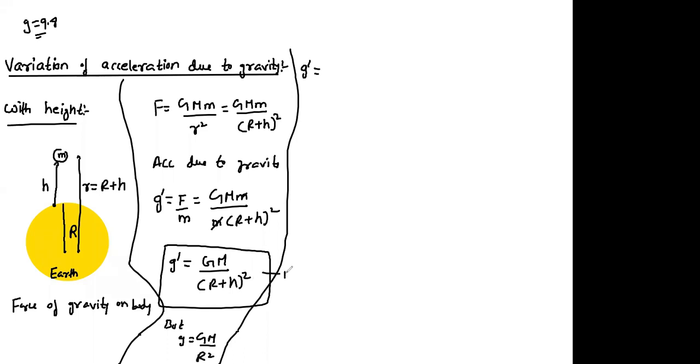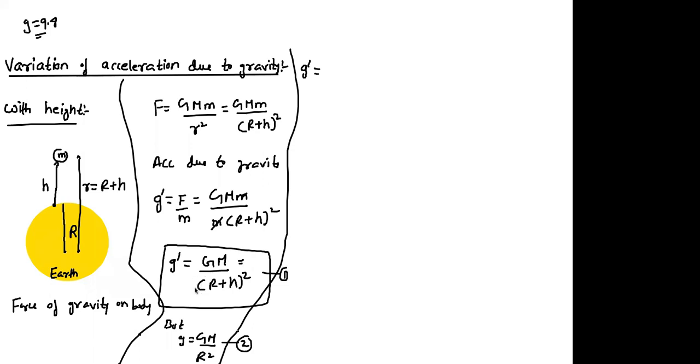Let's call this equation number 1 and this equation number 2. See this g, when I write G M by R square, I'm repeating again, this means that the body is placed on the surface of Earth. If you're placing the body at a height h, then it won't be g, it would be g prime. I'm trying to convert this g prime in terms of g because the value of g is known, that g is 9.8 meter per second square.